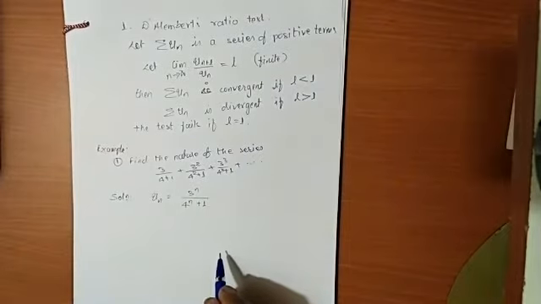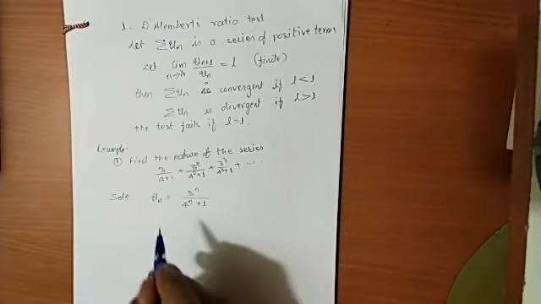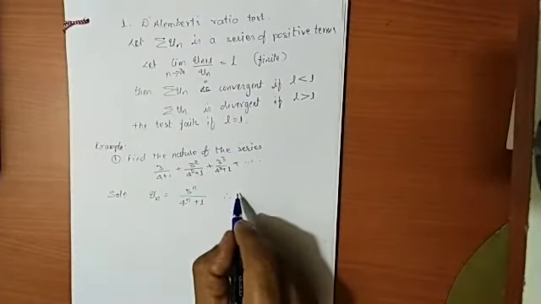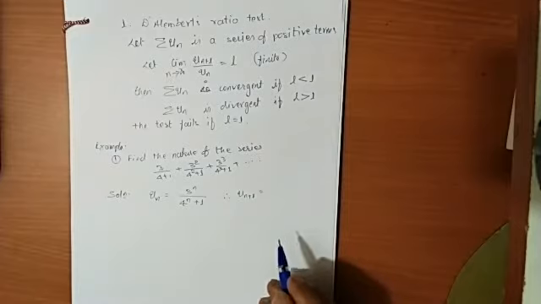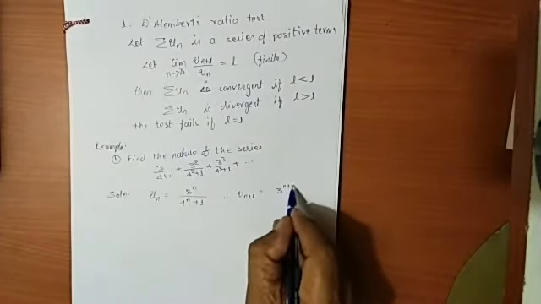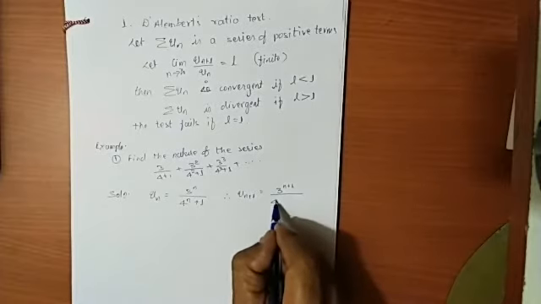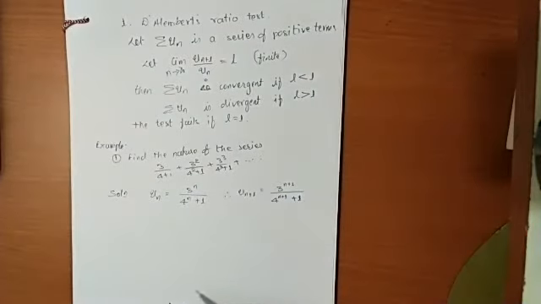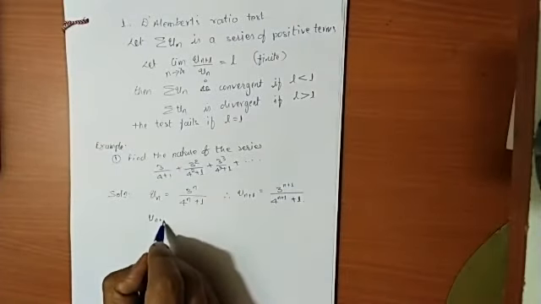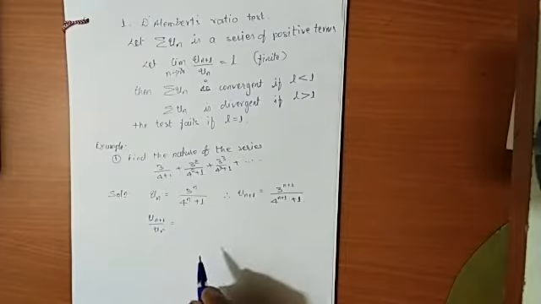Now what is un plus 1? I should replace n by n plus 1. So it is 3 raised to n plus 1 divided by 4 raised to n plus 1 plus 1. Now, what is un plus 1 over un?